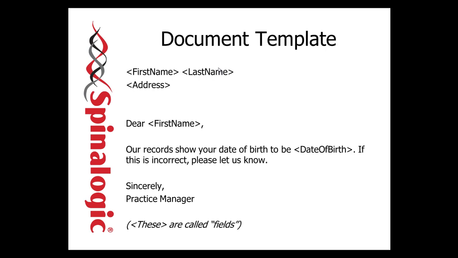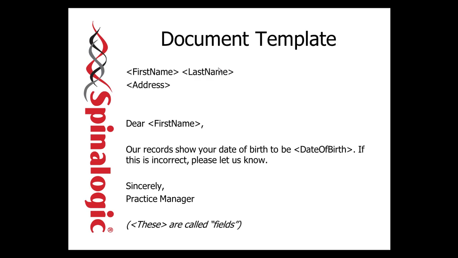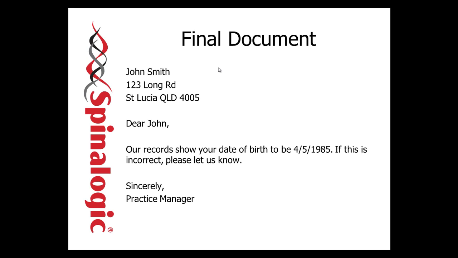And you can see it says Dear first name, so it's merged in John there, so now it says Dear John. Our records show your date of birth to be date of birth, and you can see it merges in the actual date of birth. So if you have the right information in your data source, in your list of records, then you can make a very specific letter that comes out looking very personalized and can say exactly what you want.